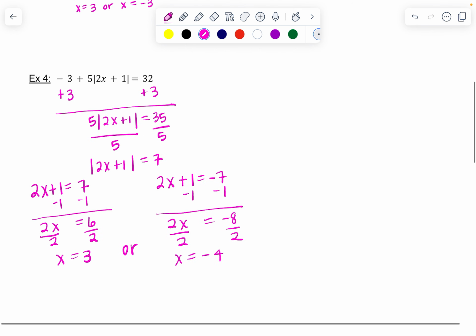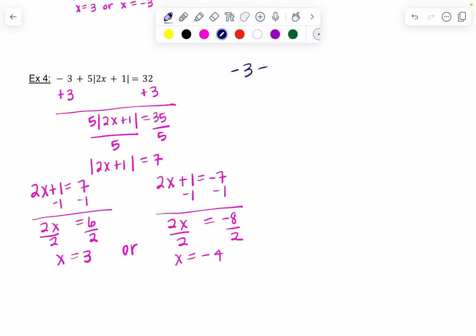If you so wish, you can always plug these numbers back into the original equation to make sure it works. So if I plug in 3, I have -3 plus 5 times the absolute value of 2 times 3 plus 1. And we want to know if that is equal to 32.